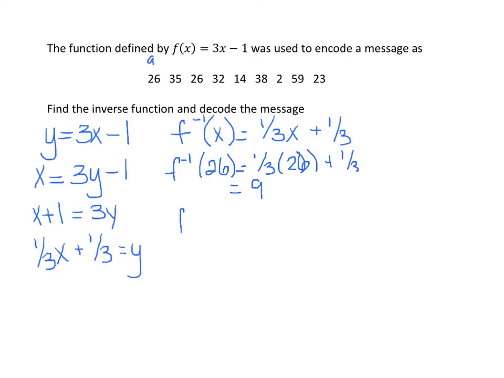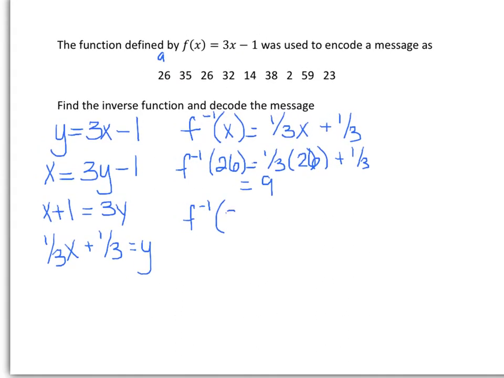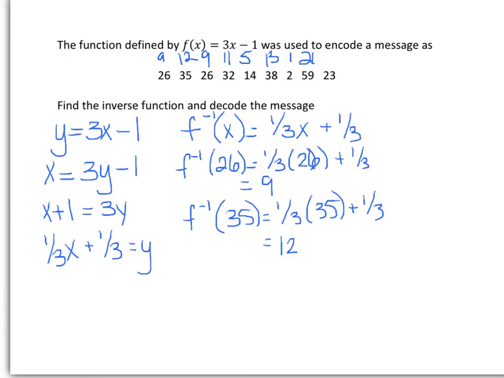Then we plug in 35: 1/3 of 35 plus 1/3 gives us 12. 26 is going to give us 9 again. 32 will be 11. 14 is 5. 38 is 13. 2 is 1. 59 is 20.